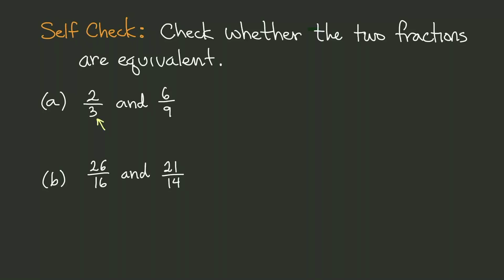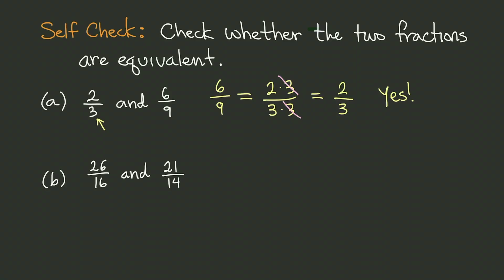So let's just take a look at the second one, 6 over 9. Well, we can write 6 as 2 times 3, and we can write 9 as 3 times 3. So now we have a 3 in the numerator and a 3 in the denominator, so we can cancel those 2, and we're left with 2/3, which is the other fraction that we had. So these 2 reduce to the same fraction, which means they are equivalent.